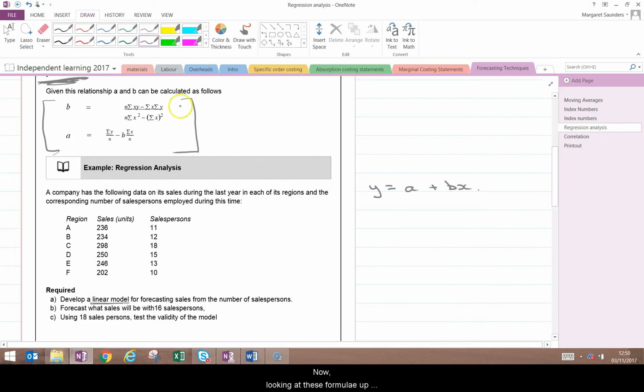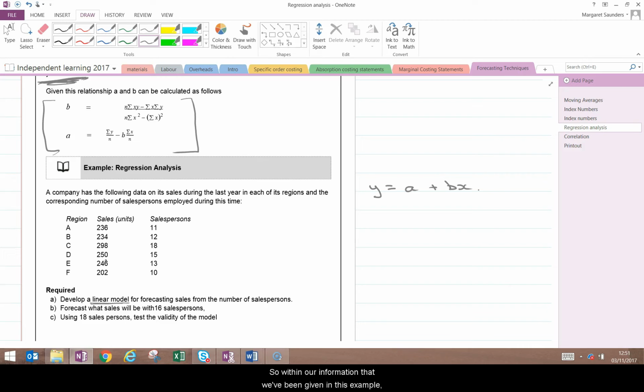Now looking at these formulas for the calculation of a and b, they incorporate x and y. So x will be the independent variable and y will be the dependent variable.